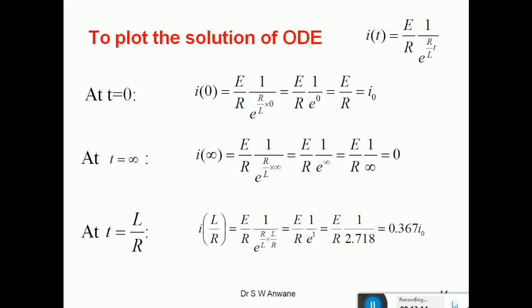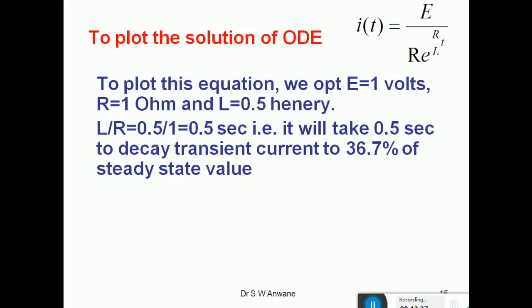Now this is defining the LR time constant of the circuit, and it will take this time L upon R. This time takes a 36.7% fall in the value of current. So that is how we define the LR time constant. It will take 0.5 seconds again to decay the transient current in the circuit to 36.7% of its steady value.